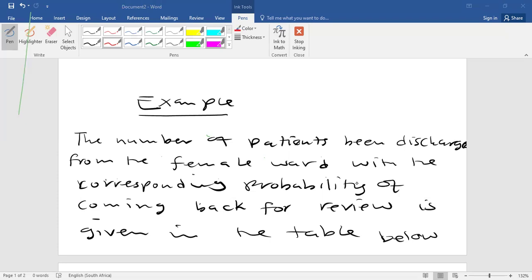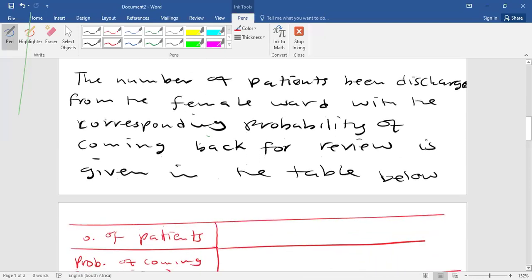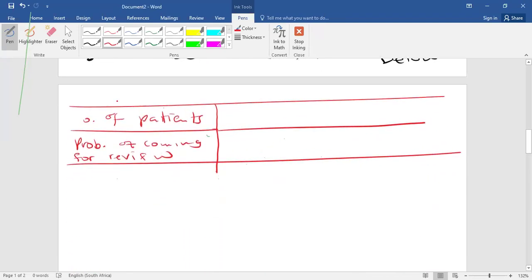So there we go. We have the number of patients that are being discharged and their corresponding probabilities. So that's our table. We have 1, 2, 3, 4, 5 patients.